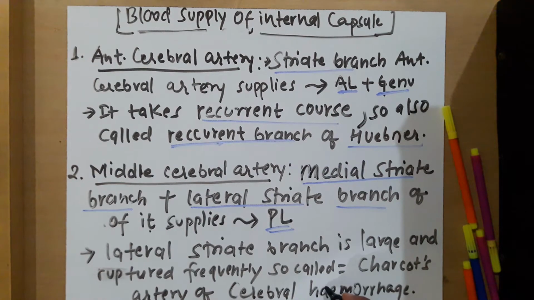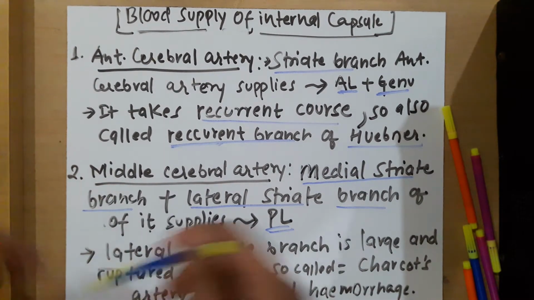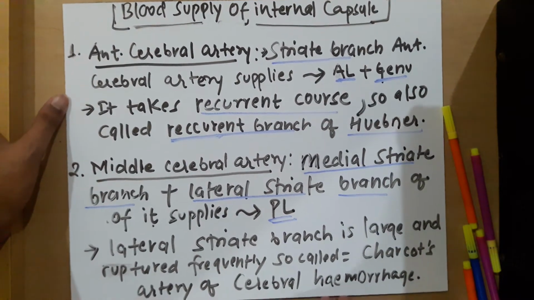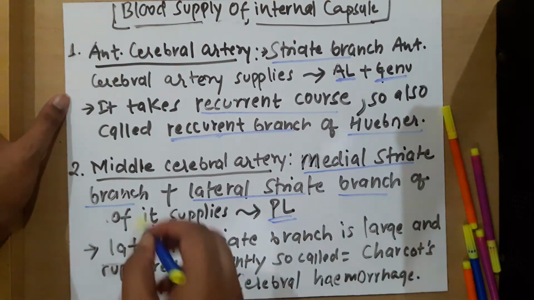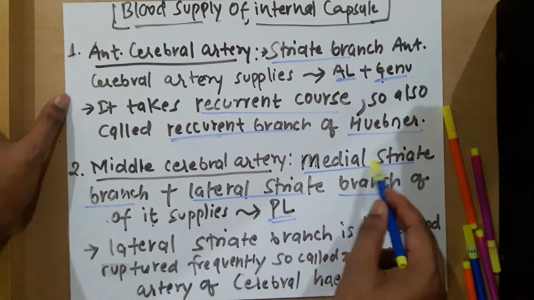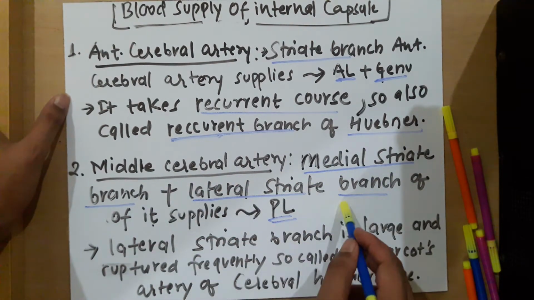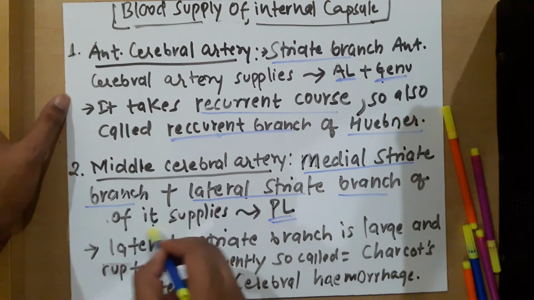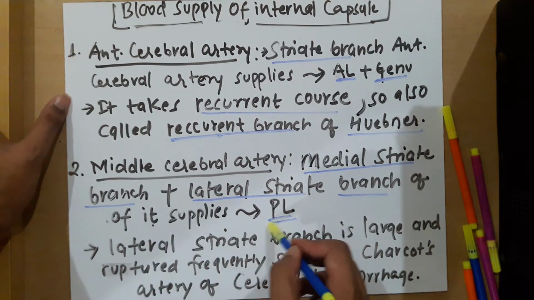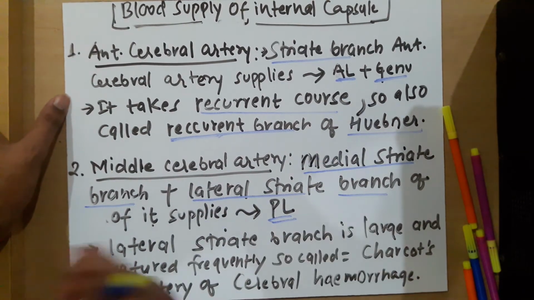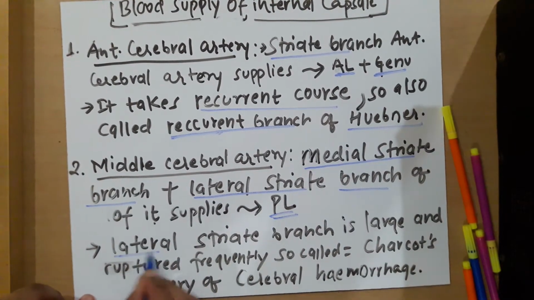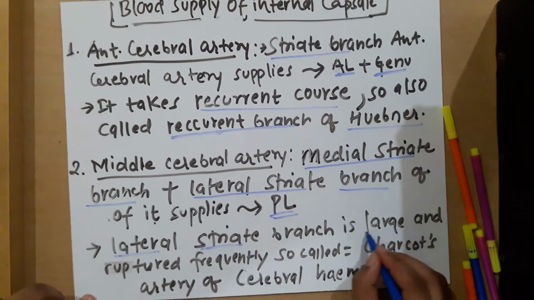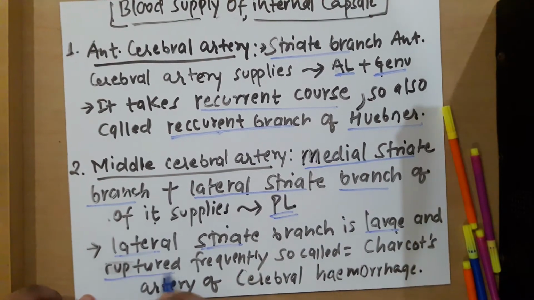The middle cerebral artery, middle and medial, don't get confused. The middle cerebral artery, with its medial striate branch and lateral striate branch, supplies the posterior limb of the internal capsule, and the lateral striate branch is large and ruptured frequently.